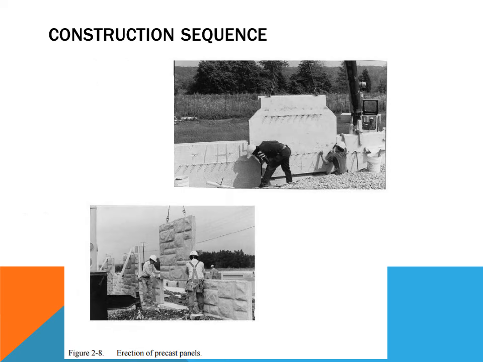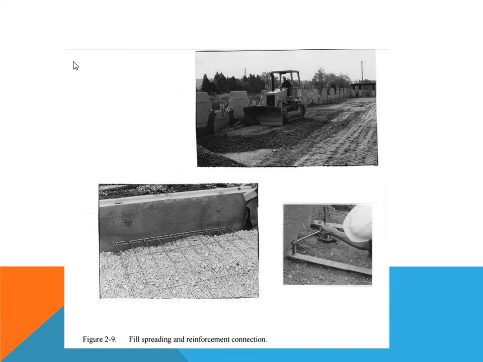Here we can see the construction sequence for the MSE wall, where we start to erect the panels piece by piece after we have prepared the footing for the panel itself. All right. Once the panel is erected, then we can start compacting the earth behind the panels. Of course, once the compaction layers reach particular levels, then we can install the strips accordingly, which we can see in the picture below.